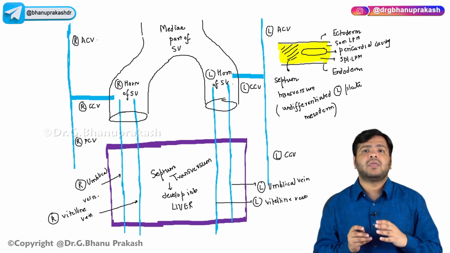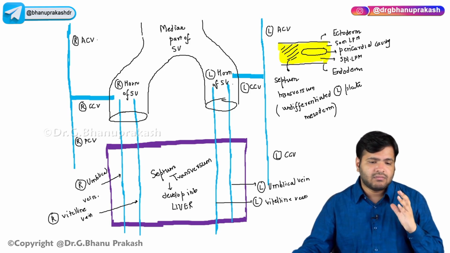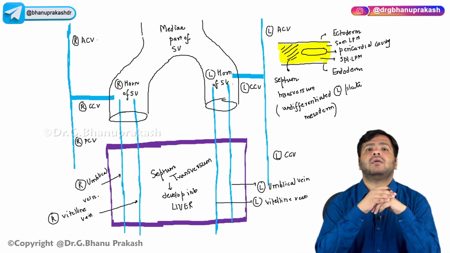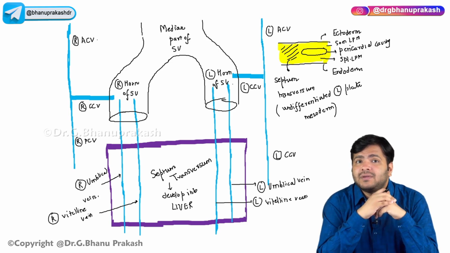Now what will happen? You already know that initially we have two umbilical veins. Which one will disappear? The right umbilical vein will disappear.